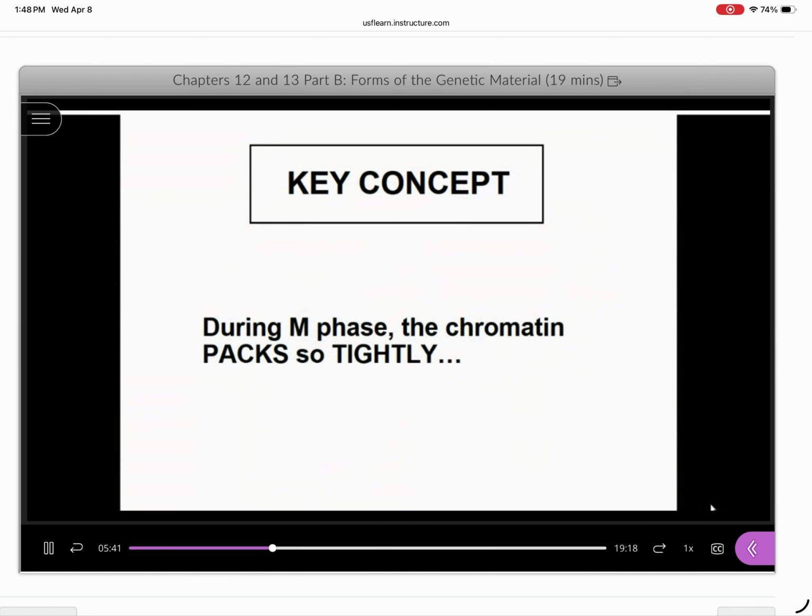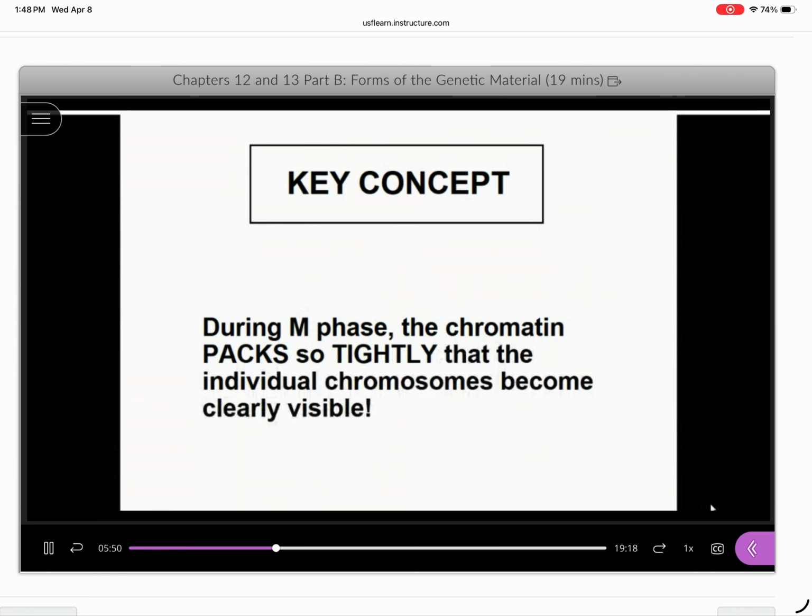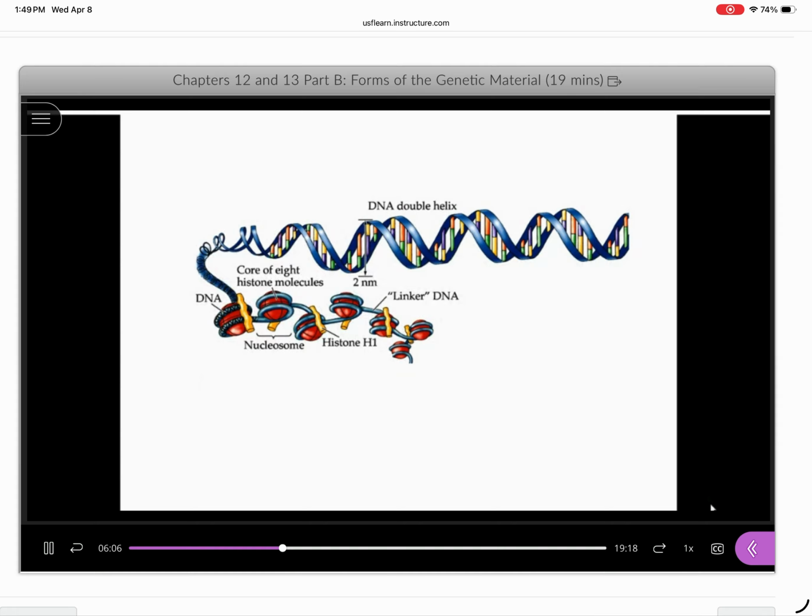Let's make that a key concept. During M phase, chromatin packs so tightly that the individual chromosomes become visible. They're there to begin with. They become visible in M phase. So this is chromatin. This is what you have in interphase.